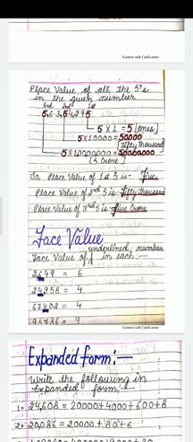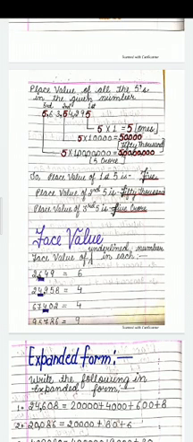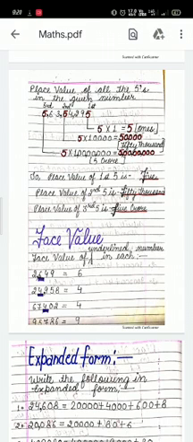So place value of second 5 is 50,000. Third 5 is 5 into crore, it gives us 5 crore. The place value of third 5 is 5 crore. So from this chart we came to know that the place value of first 5 is 5, the place value of second 5 is 50,000, and the place value of third 5 is 5 crore.